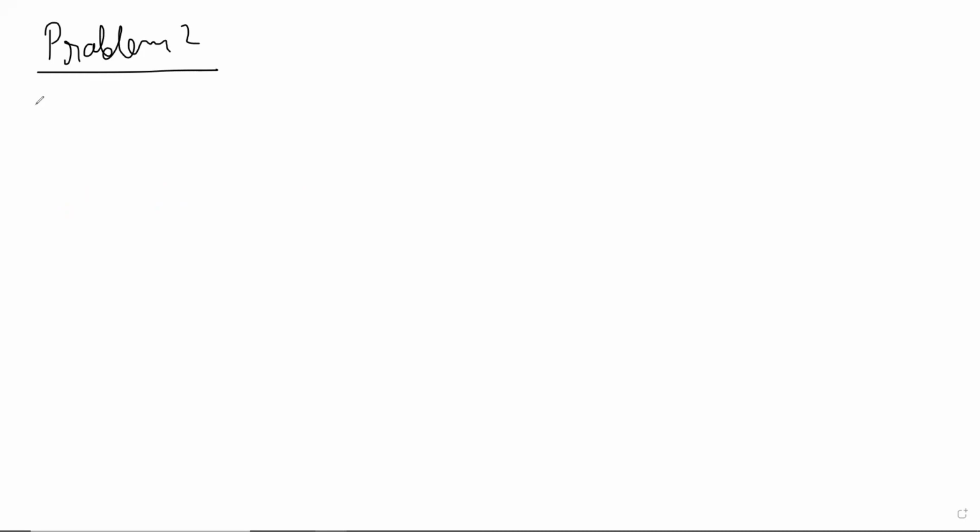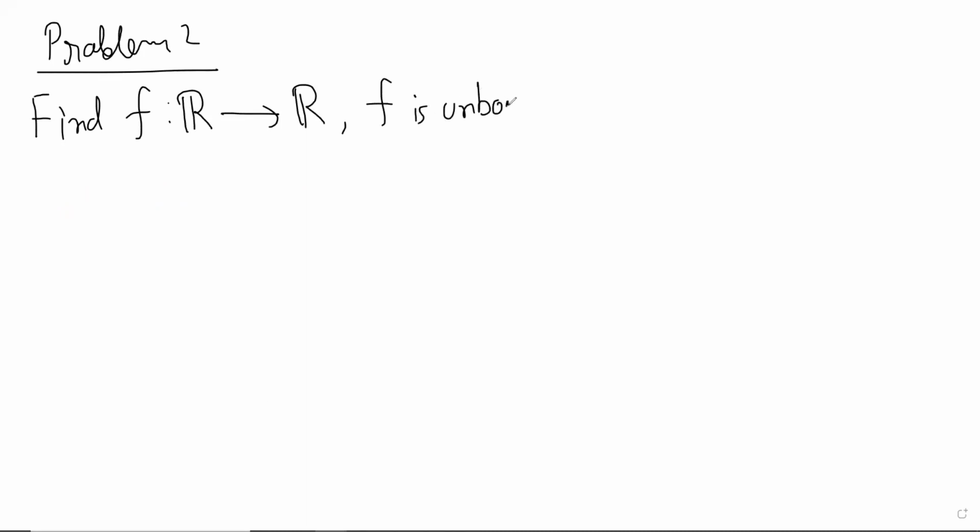So the question first was: find f from R to R, f is unbounded, but the area under f, you can just take 0 to infinity or whatever, doesn't matter.